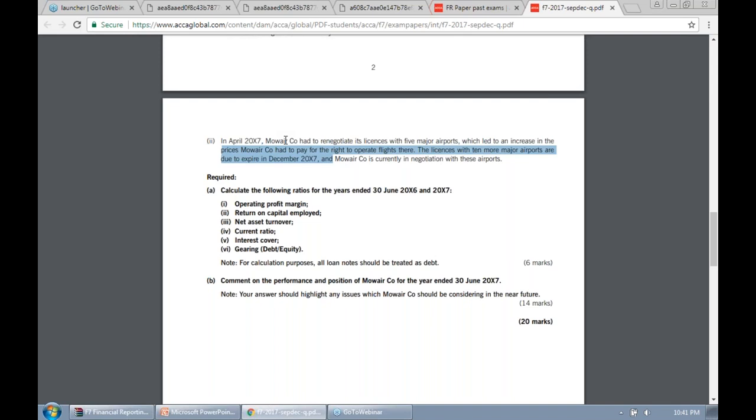The license with 10 more major airports is due to expire in December 2007. Movier is currently negotiating with these airports. So this is again a major concern for the company. So these are the basic issues that you should consider.